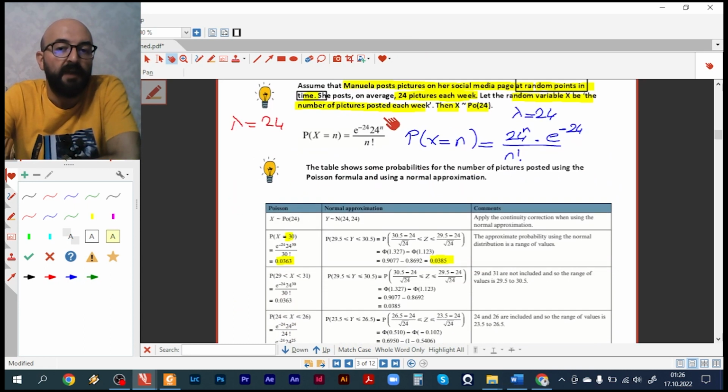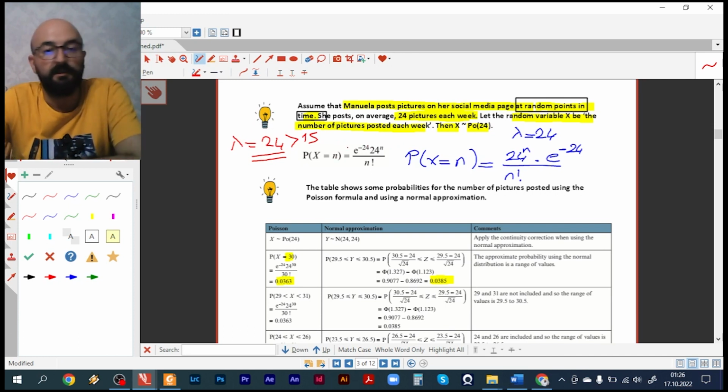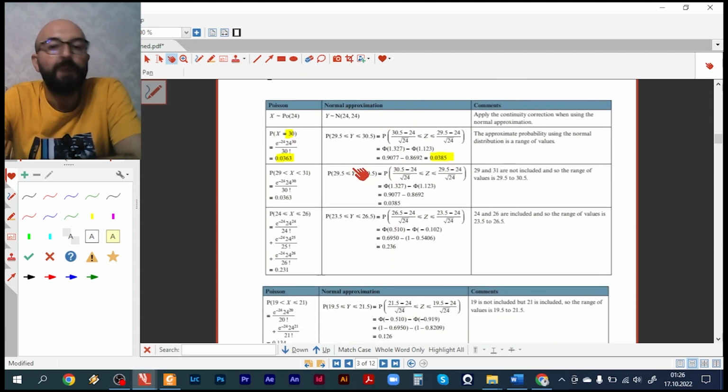So we have an example. Manuela posts pictures on average 24. So lambda is greater than 15, and we can use the normal distribution instead of the Poisson distribution. And please remember that we solved the first section, the probability of x being exactly 30.